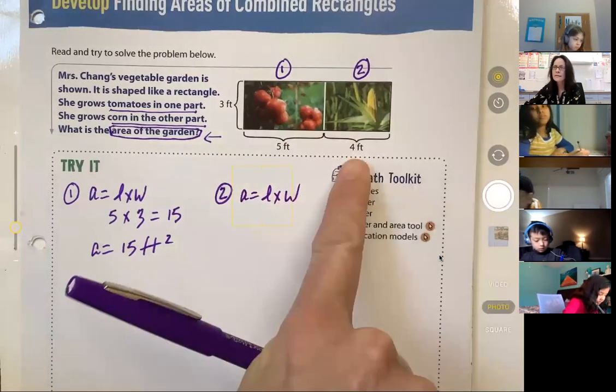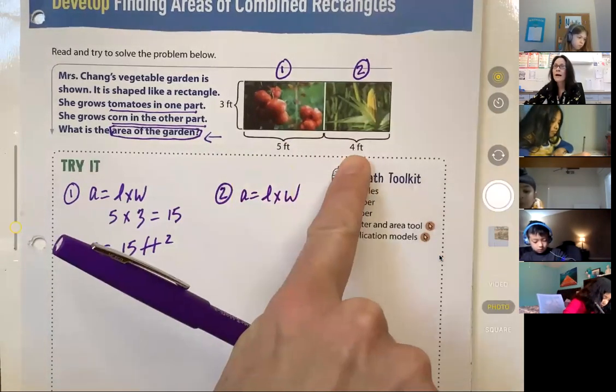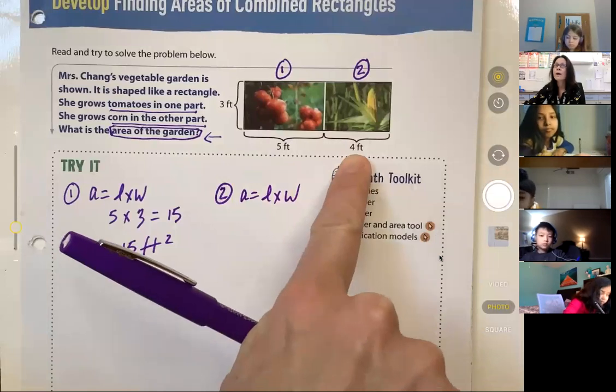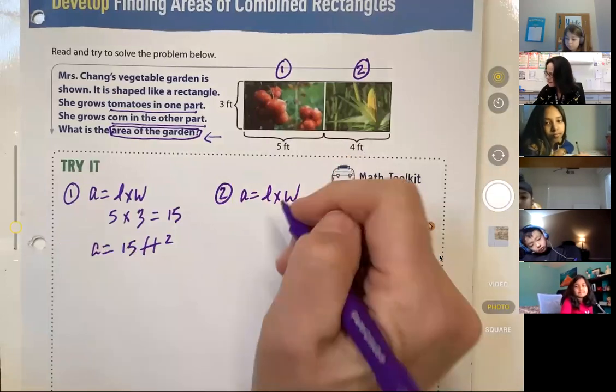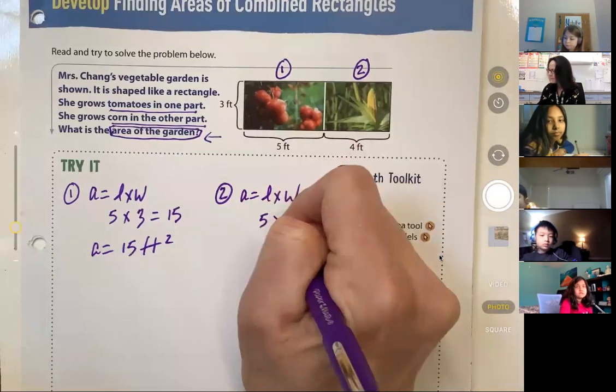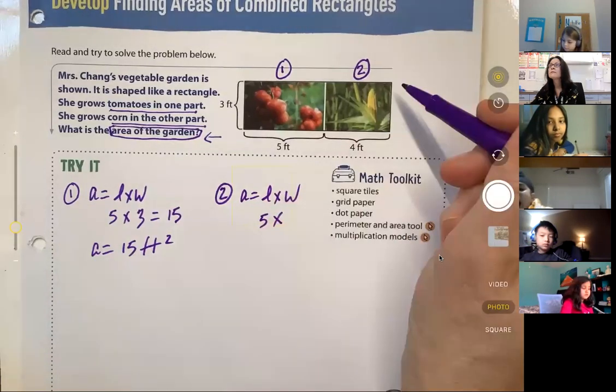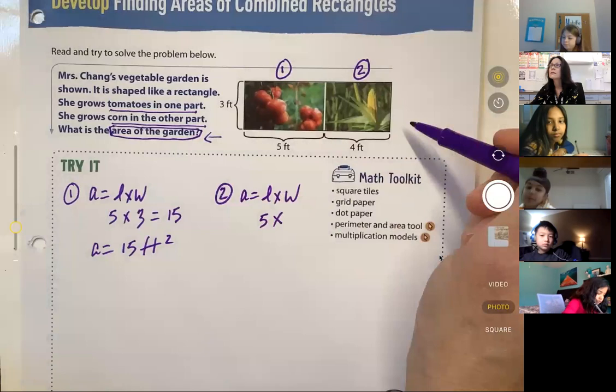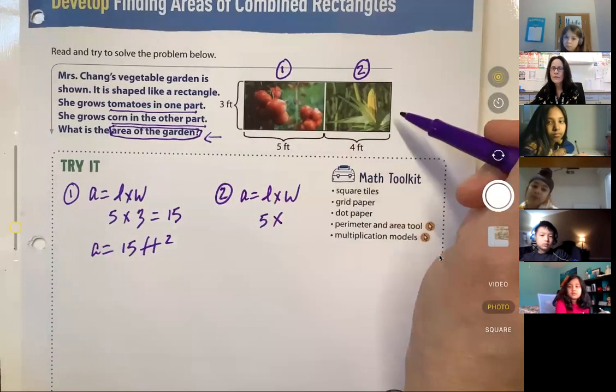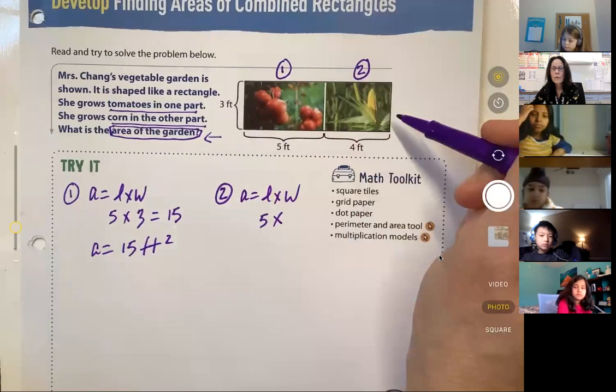On this second part, I know that the corn part is 5 feet long. But, oh, look at this. I do not have the width for the corn. Or do I?